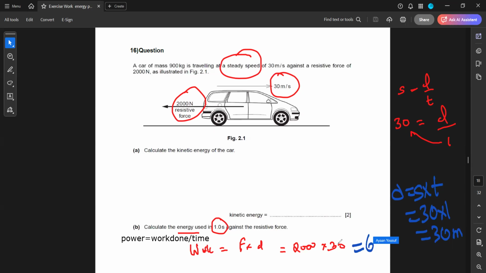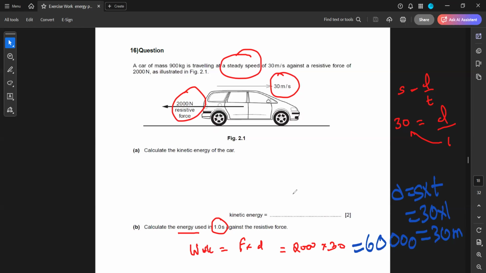Every second, it will cover 30 meters. So 2000 multiplied by 30 equals 60,000 joules of energy.